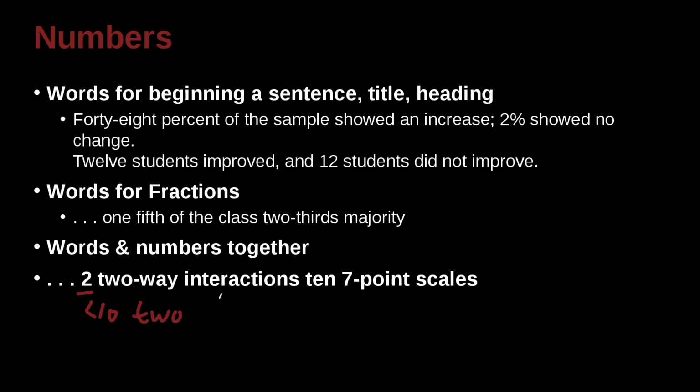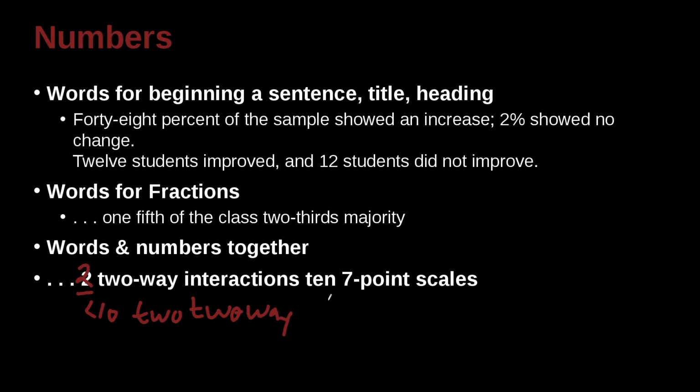The problem is, if you spelled this out, you would say 2 two-way. Boy, that's really confusing. 2 two-way interactions. So in that case, you do not need to spell it out. You can use the number 2 because it's 2 numbers bumped up against each other.